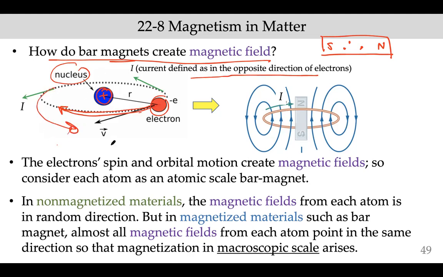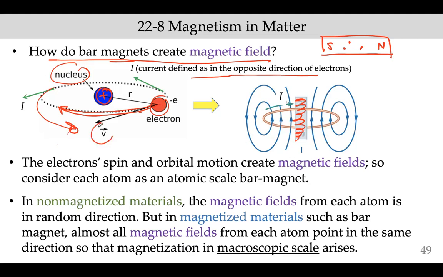Now, what happens if you have a current in the loop? In this case, the electron of the atom. Well, if you have a current in the loop, then that loop creates a magnetic field, right? Of course, there's no magnet within the atom, but the atom itself acts as a magnet. Why? Because the movement of electrons creates a magnetic field.